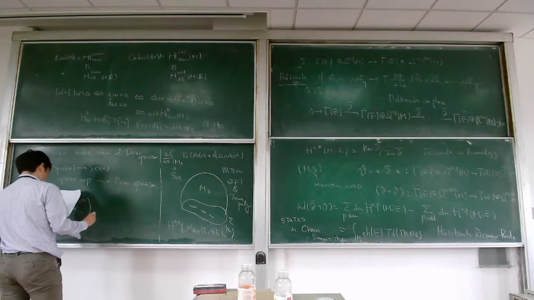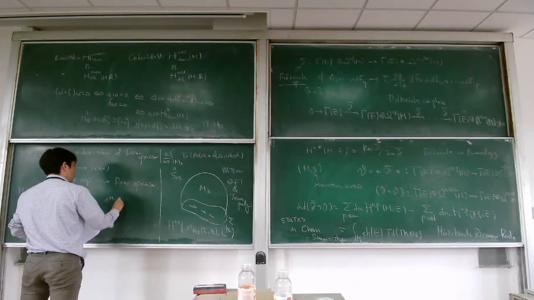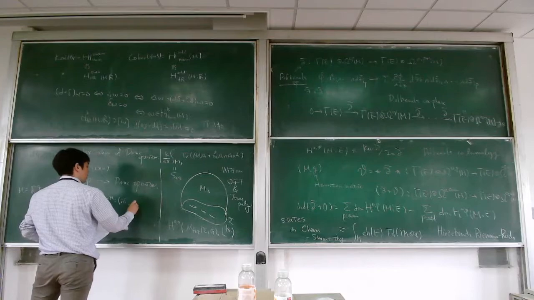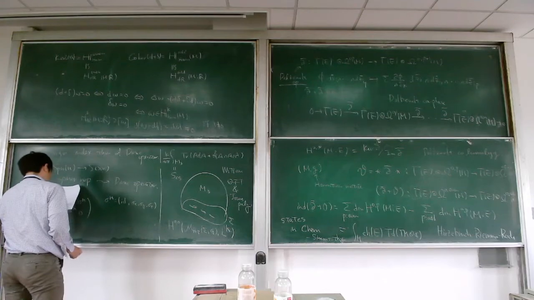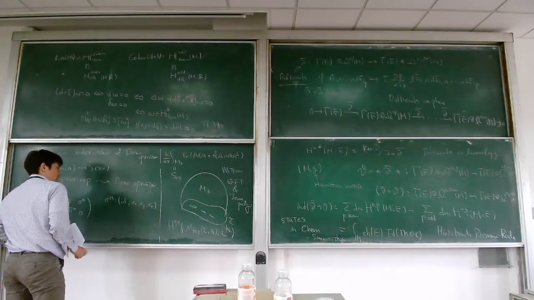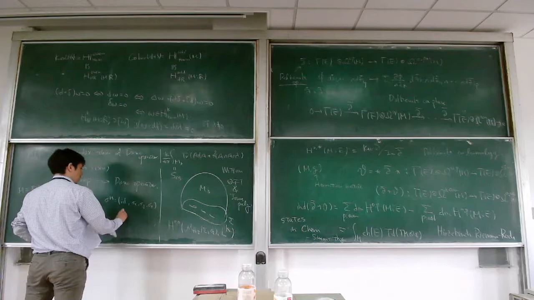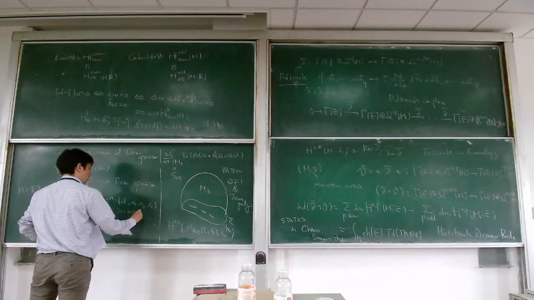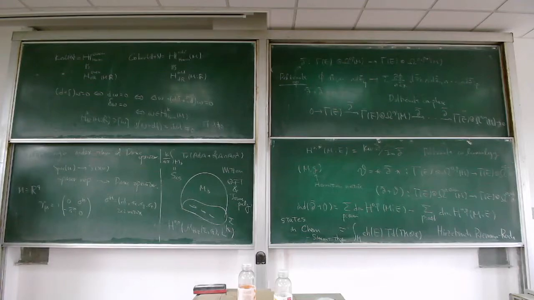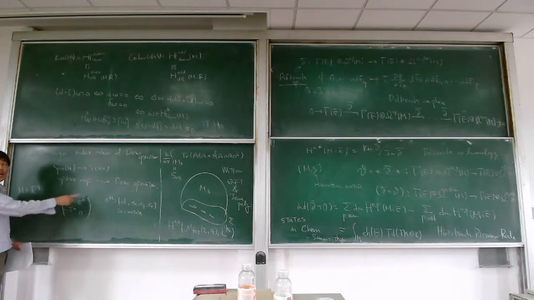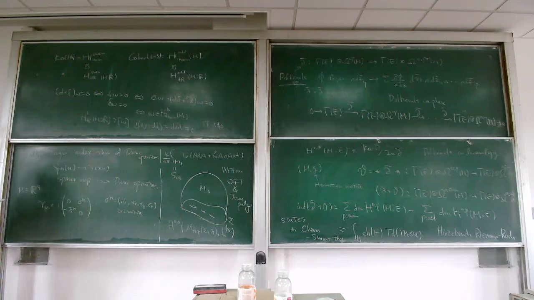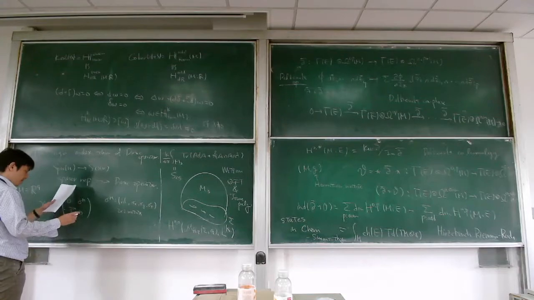where sigma mu involves the identity matrix and the Pauli matrices. These are 2 by 2 matrices, but now we have a 4 by 4 matrix, so you just combine the 2 by 2 matrices.